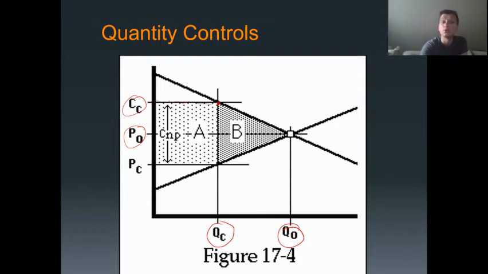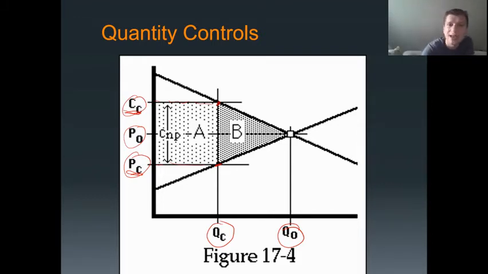The price producers receive is that quantity on the supply curve, set here by PC. The difference between the two is what's known as the quota rent. It's the price that producers must pay for the taxi medallion or for the liquor license. It's the sort of price they have to pay to do the business.